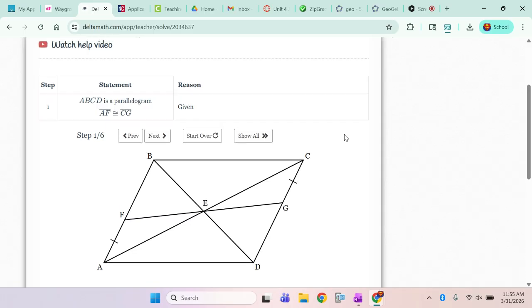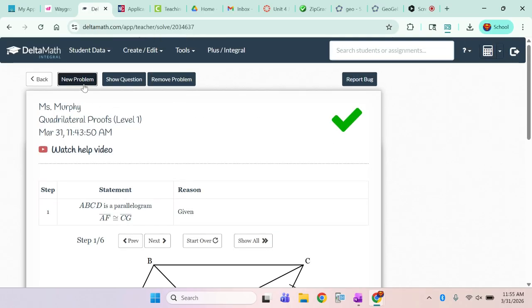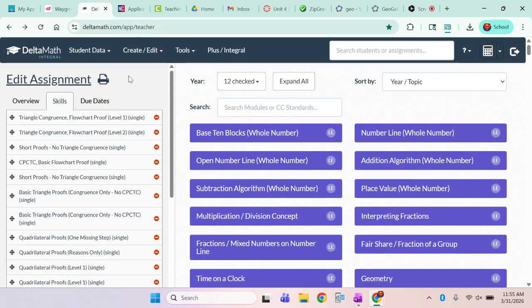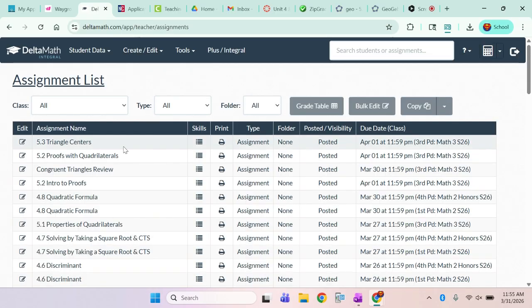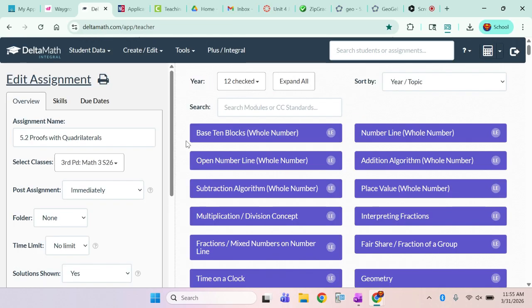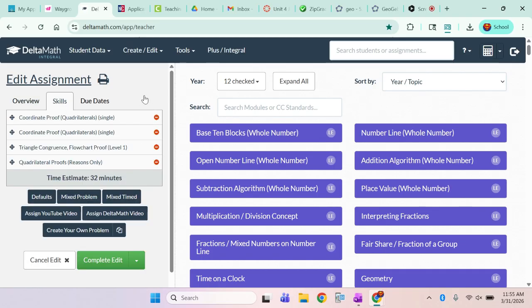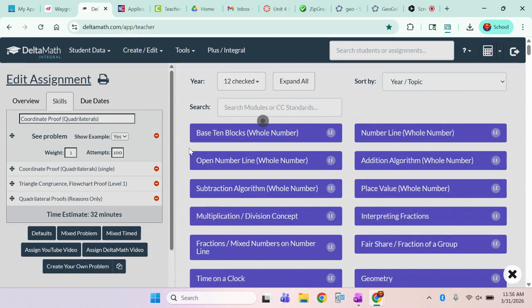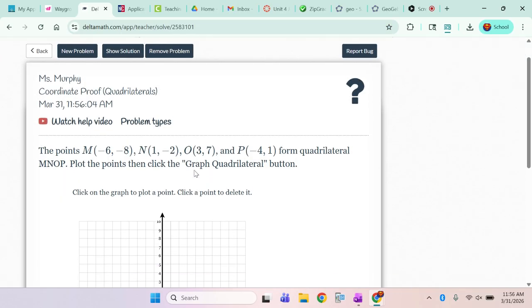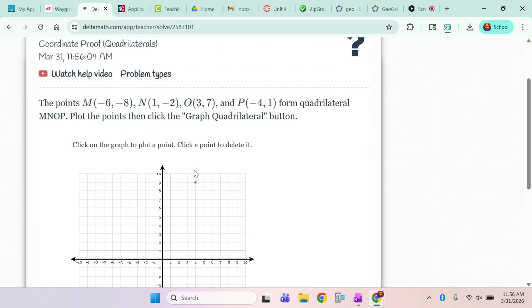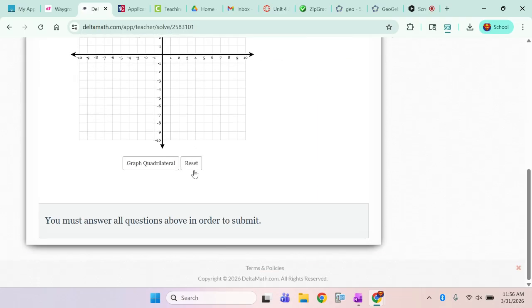Before we get into the new stuff today, I want you guys to go to the other proof Delta Math, the proofs with quadrilaterals, the other 5.2. We're doing the very first one together.